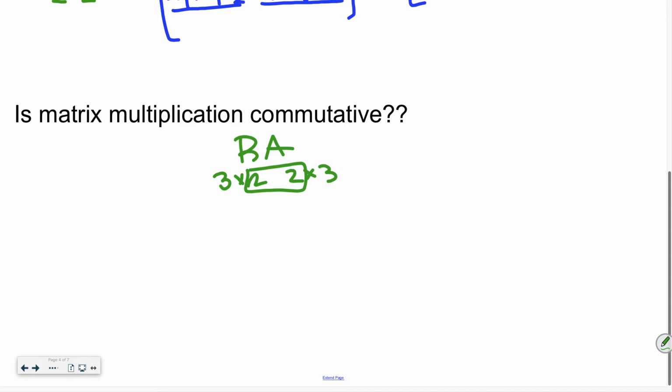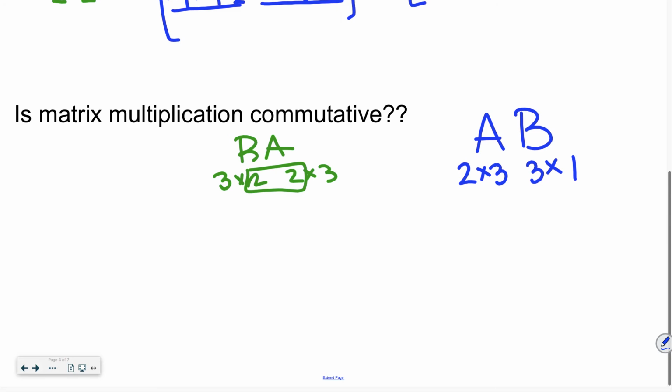Are you always going to be able to take the product of B times A? Okay? If you had A times B, where A was a 2 by 3 and B was a 3 by 1 matrix, you couldn't even take the product B times A because the orders wouldn't match up the right way.